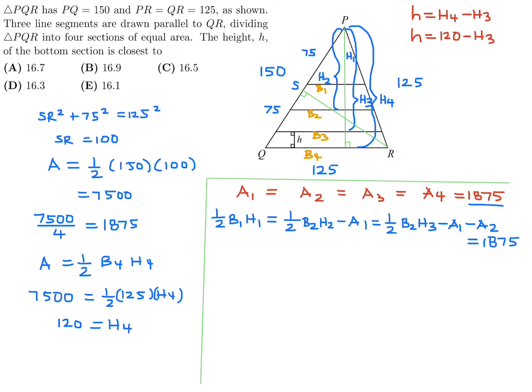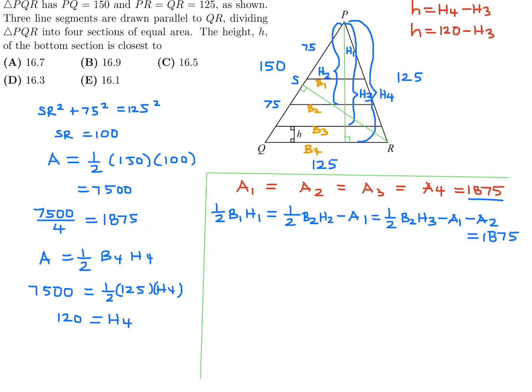All right, so let's start trying to figure out each of these. The first thing, of course, is we need to figure out one of these, so we'll take it one step at a time. Let's start with the very beginning, this guy right here, B1 and H1. We're going to need a little bit of help because we have 2 variables, and when we set them equal to 1875, we have to solve for 1. So we have to get some sort of relationship, and that's where similar triangles comes in.